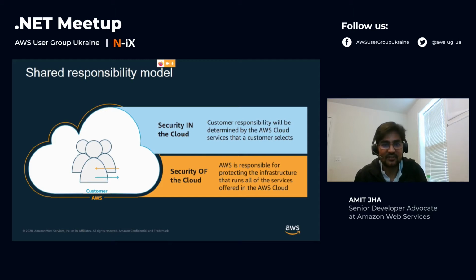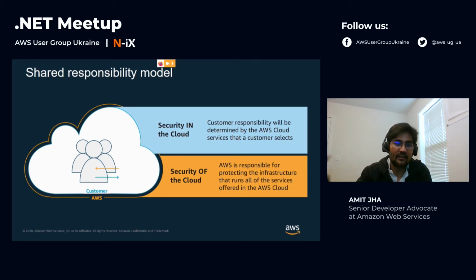So anything starts with the shared responsibility model. What that means is there are 2 keywords, in and of. Security of the cloud is on us. Think of it like the hypervisor down to the data center, power, cooling, everything is on us. But anything you bring in to the cloud, it's basically your responsibility. We give you tools.